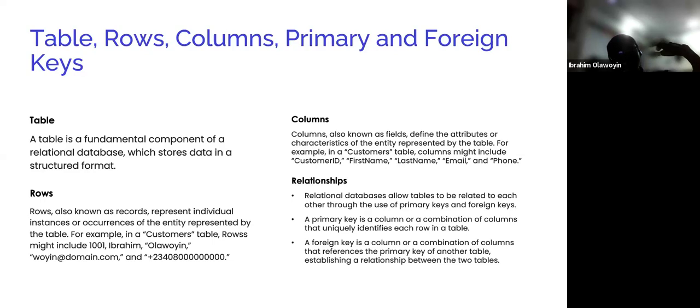Let me compare it to variables in Python. If you are creating an object, you can have variables to store a specific value or record. In that case, you can say first name, last name, email, phone. It's the same thing, a representation of these fields. The word field is even similar to what we are familiar with in OOP, and attributes, which we stressed a lot while reviewing OOP.